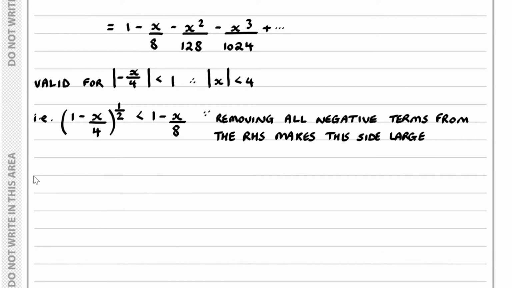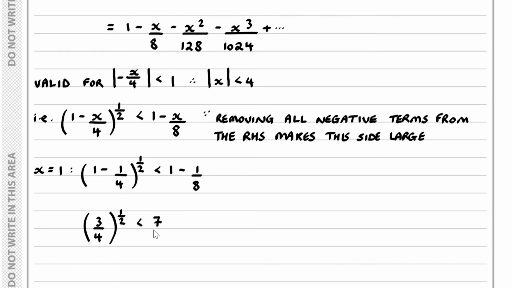Now, if we substitute in x equals 1, we have 1 minus 1/4 to the 1/2 being less than 1 subtract 1/8. So we have 3/4 to the 1/2 being less than 7/8.